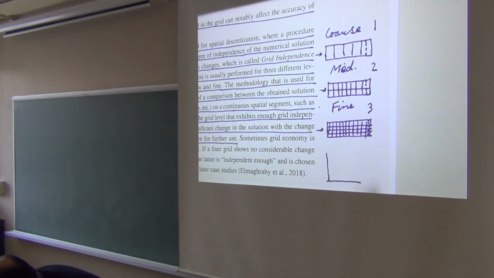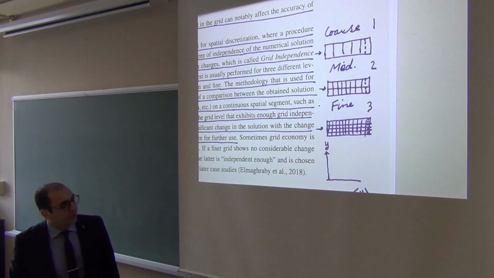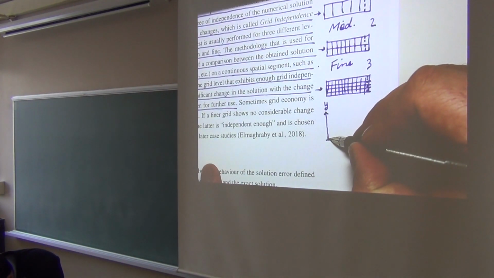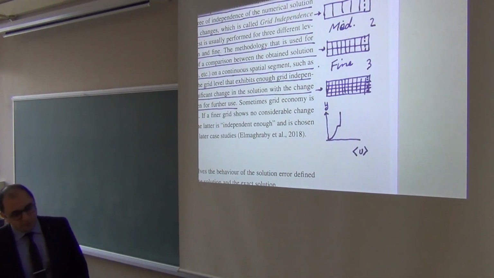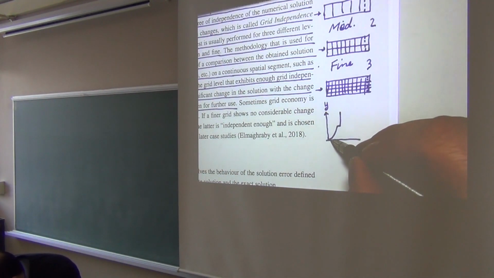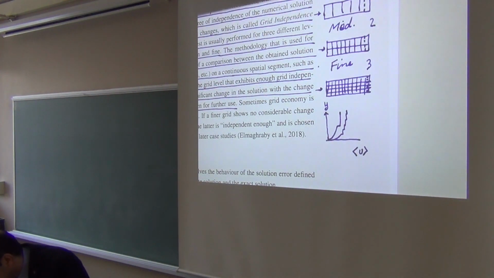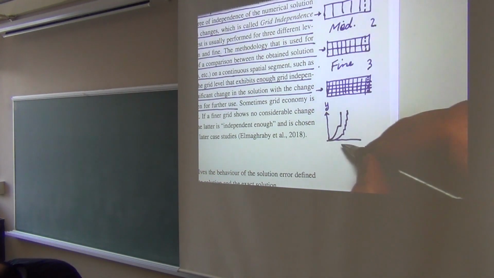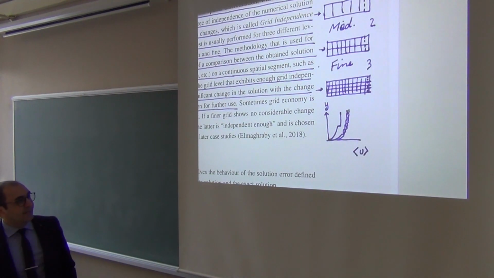I'm interested to know the mean velocity as a function of height. This would be y. Suppose on the coarse grid I get this answer. Suppose on the medium grid I get this answer. Of course, I'm deliberately showing a discretized answer. And suppose in the fine grid I get that answer, right?